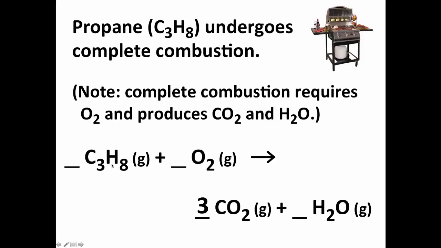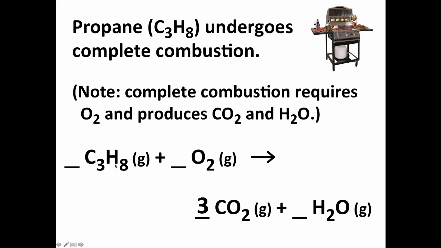Then we move on to the next element, and here we have hydrogen or oxygen we could potentially balance. And a general suggestion for balancing is if you ever have an element by itself, like oxygen, save that till the end. Like in the previous problem, if this element's by itself, a coefficient put here will only balance the oxygen, whereas a coefficient put here will affect both hydrogen and oxygen.